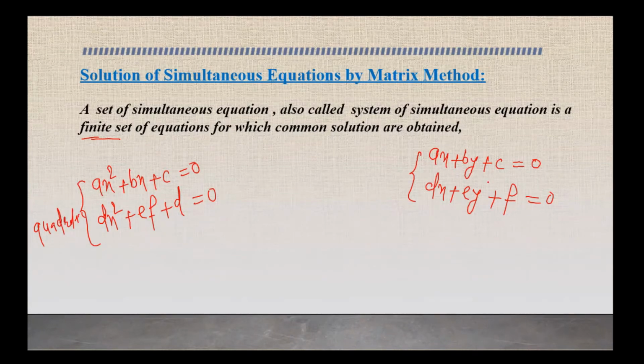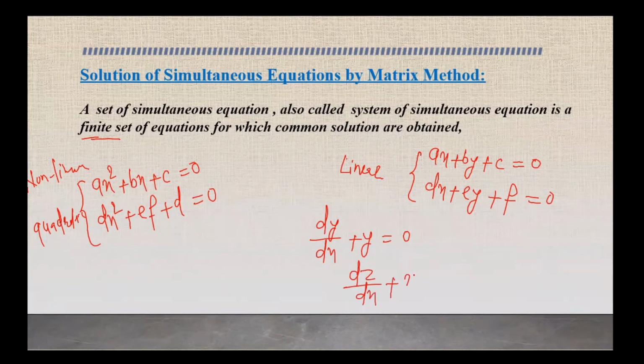Here the power of the highest variable is 1, so this is called linear, and the other is called non-linear simultaneous equations. If the equations are of the form dy by dx plus y equal to 0 and dz by dx plus x equal to 0, again these are 2 in number, a finite number, and these are differential equations, so it is called differential simultaneous equations.